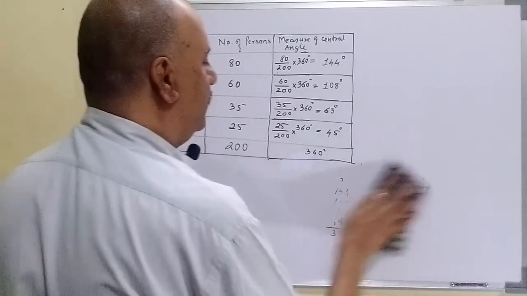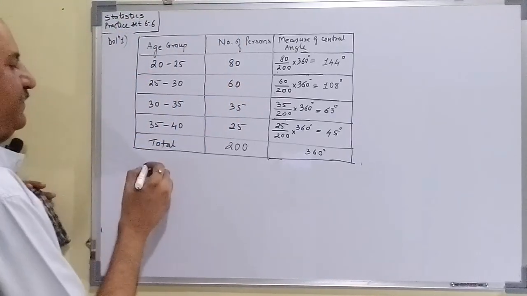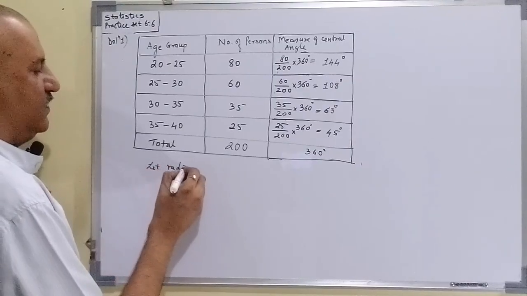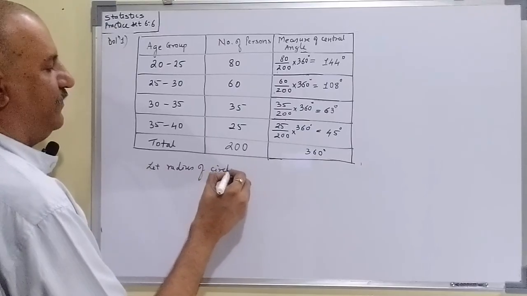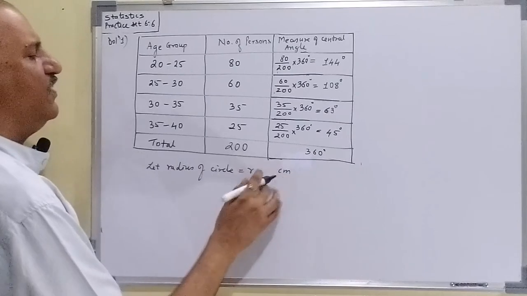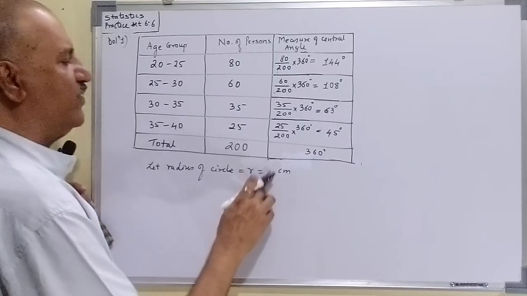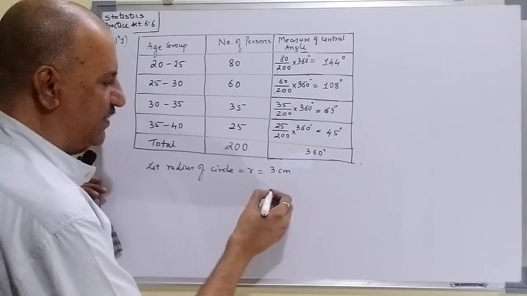Now we have to draw a pie diagram. You can write, let the radius of the circle be 3 centimeters. 3 centimeters you take or 4 centimeters you take. 3 centimeters will be okay because it will be 6 centimeter diameter.